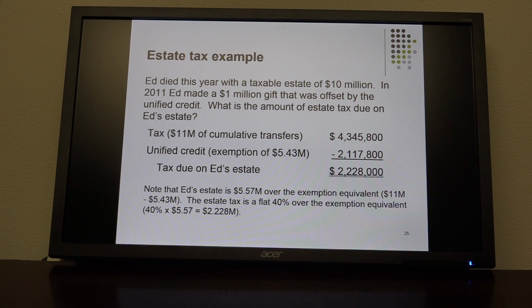And so the tax due is 2,228,000. Of course, you could come at this using the excess over the exemption equivalent of 5.57 million and multiplying that times 40%. I actually think that's easier to do. But either way, you come up with the same amount.